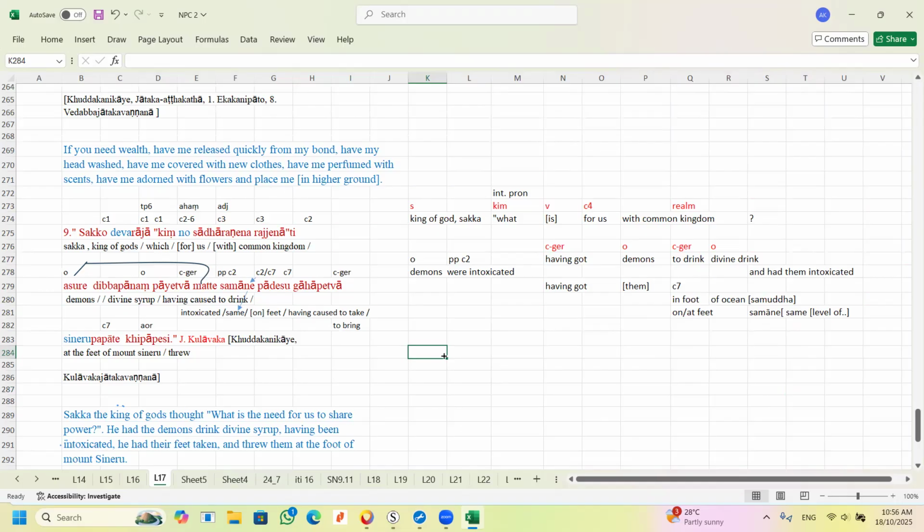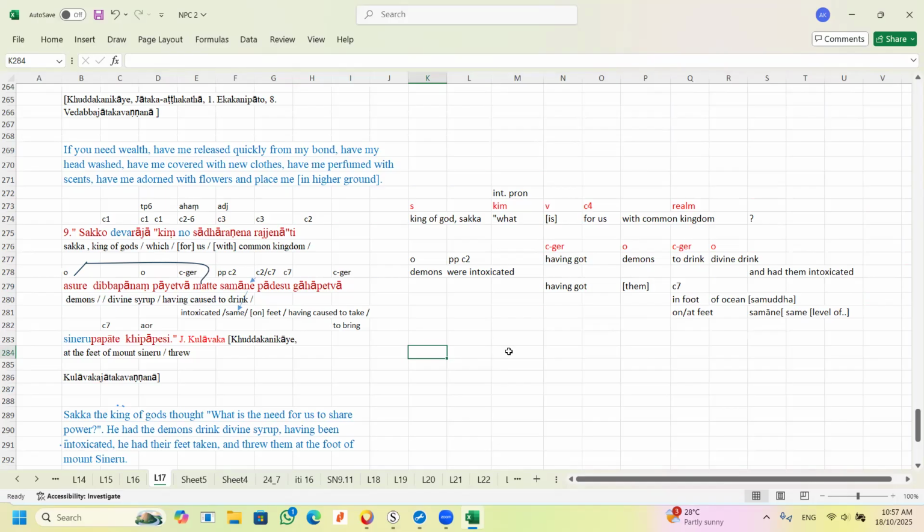Brother Alfred, how about Mount Sineru? On top of Mount Sineru is going to be Chattaro Maharajika, the four guardian gods. The four guardian gods are on top of Mount Sineru.